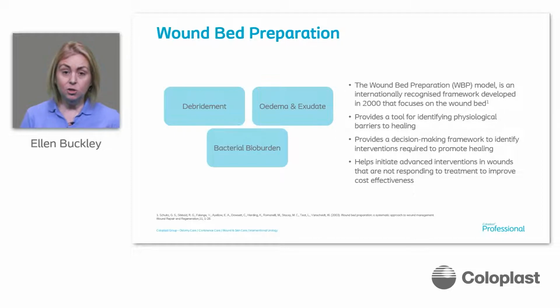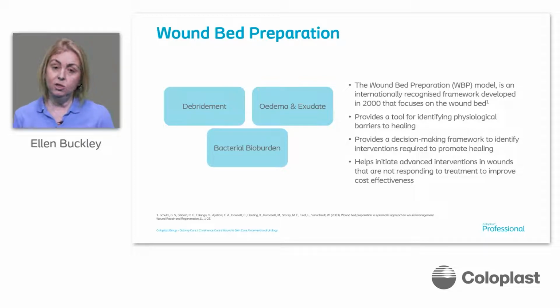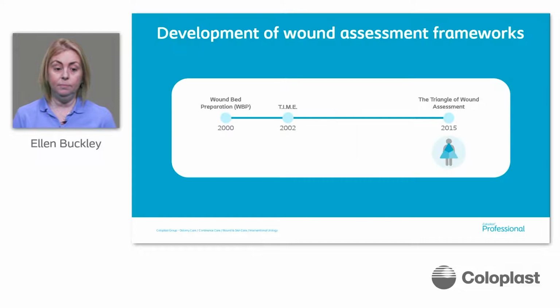How much exudate is coming from that wound? Is there any swelling that we need to be concerned about? And are there any signs and symptoms of infection that might be causing a problem? So maybe it didn't look at as wide aspects of the wound as we needed it to, but it did give some structure to the wound assessment to help guide clinicians to making decisions about how to progress that wound.